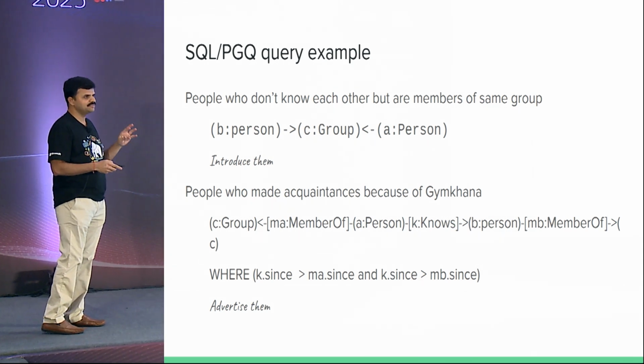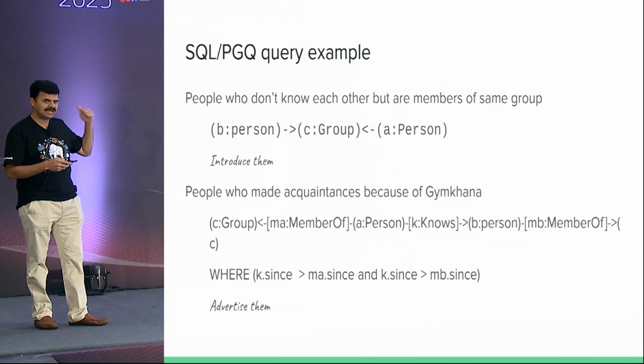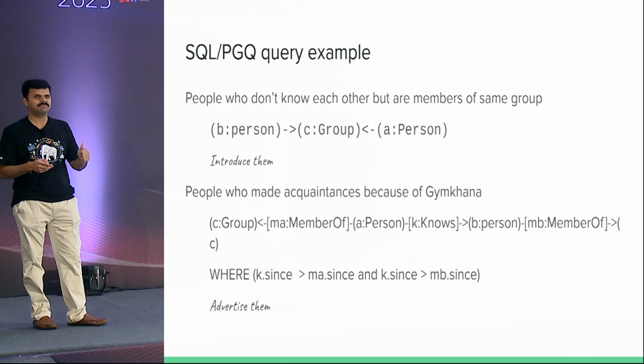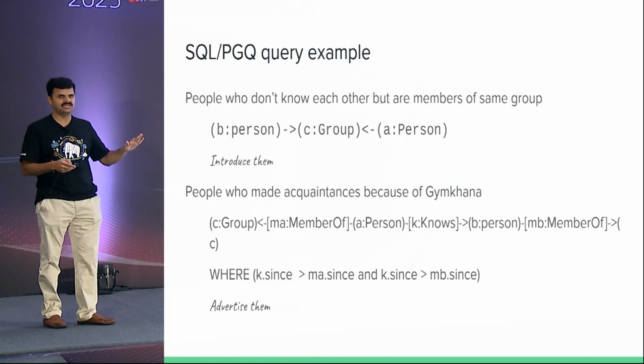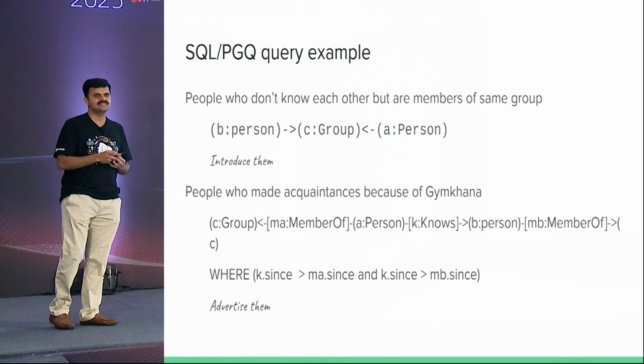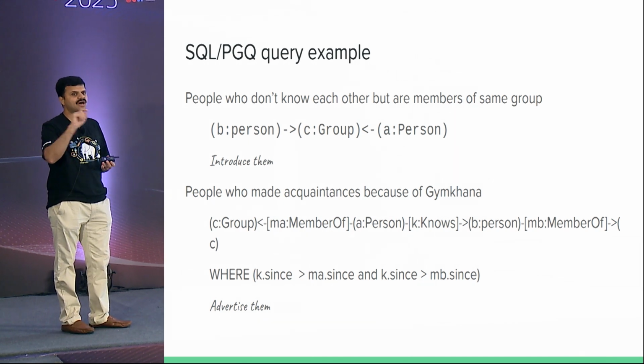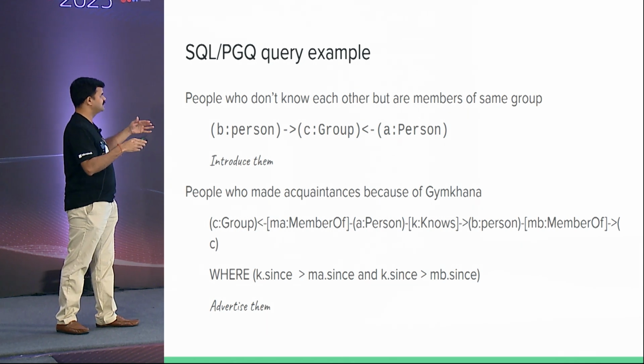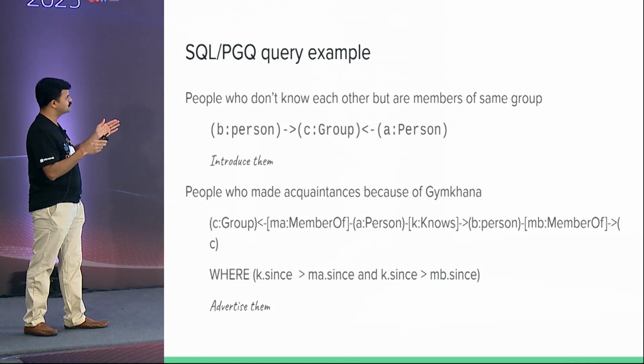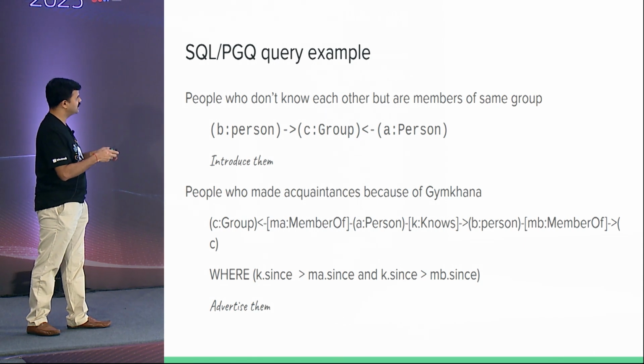And the beauty of this is the graph query is also declarative, just like SQL is. It tells what we are looking for rather than how to look for it. So in a sense, these two gel together.